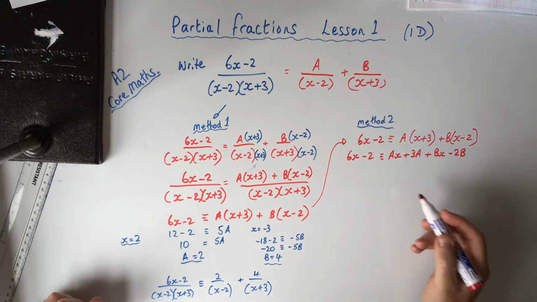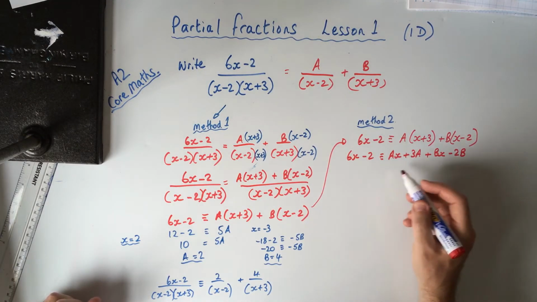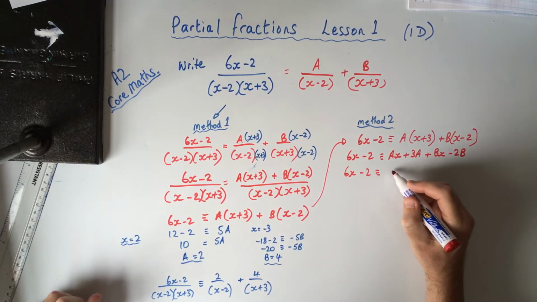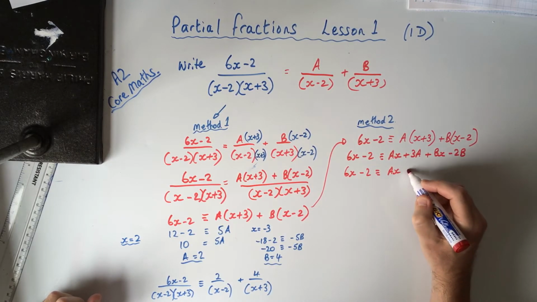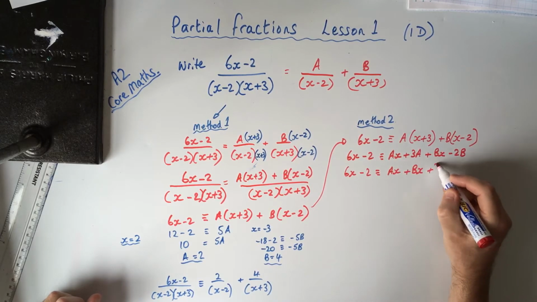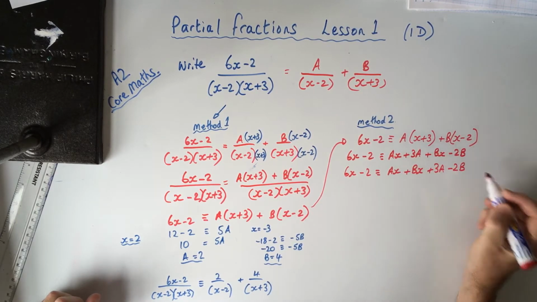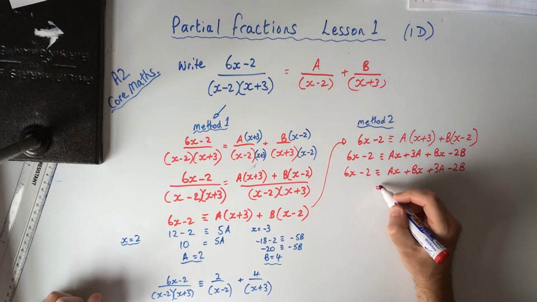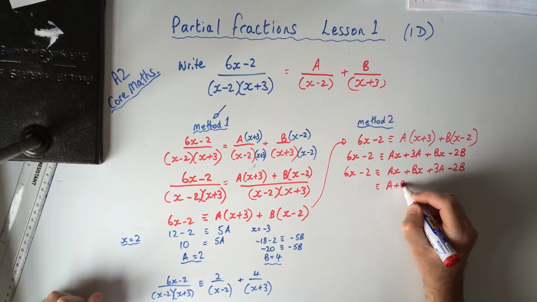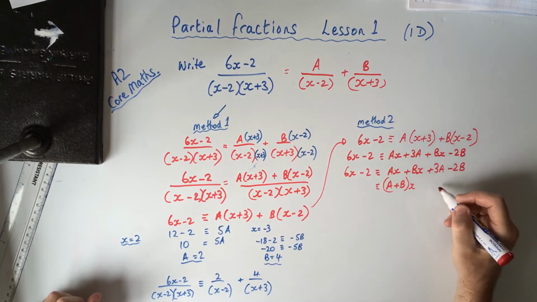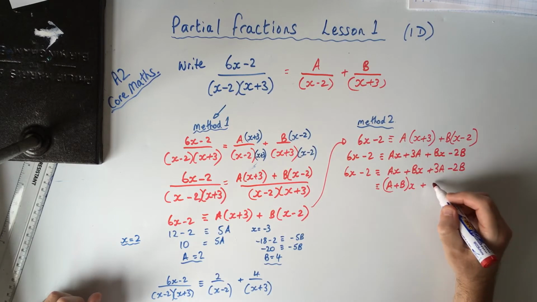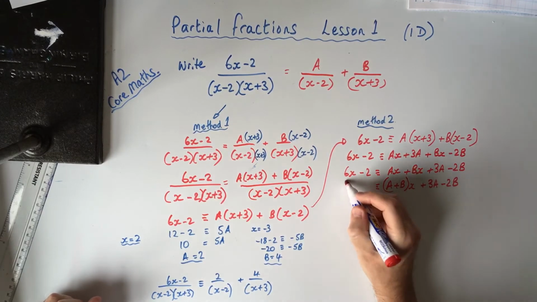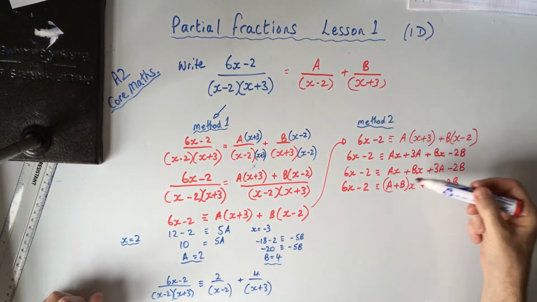And then if you get your x's together on this side, you've got ax plus bx plus 3a minus 2b. Now if we factorise out the x, we get a plus b, x, plus 3a minus 2b.